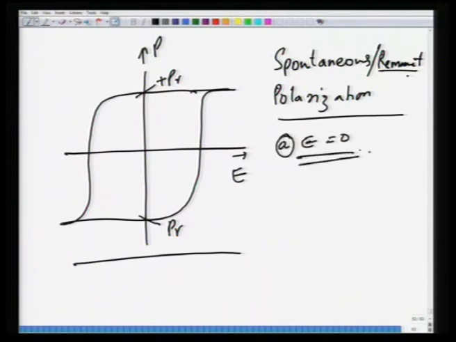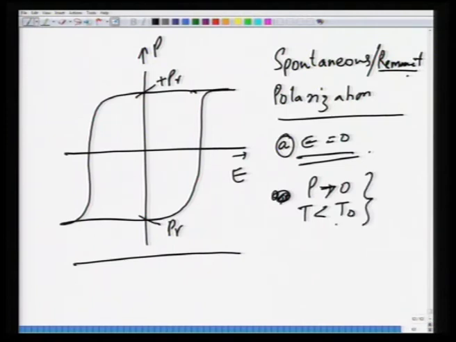So, when you have such a situation, when E is equal to 0, what you do is substitute E is equal to 0 in the previous equations and retain only the two lowest order components. So, your P is greater than 0 when T is less than T naught.